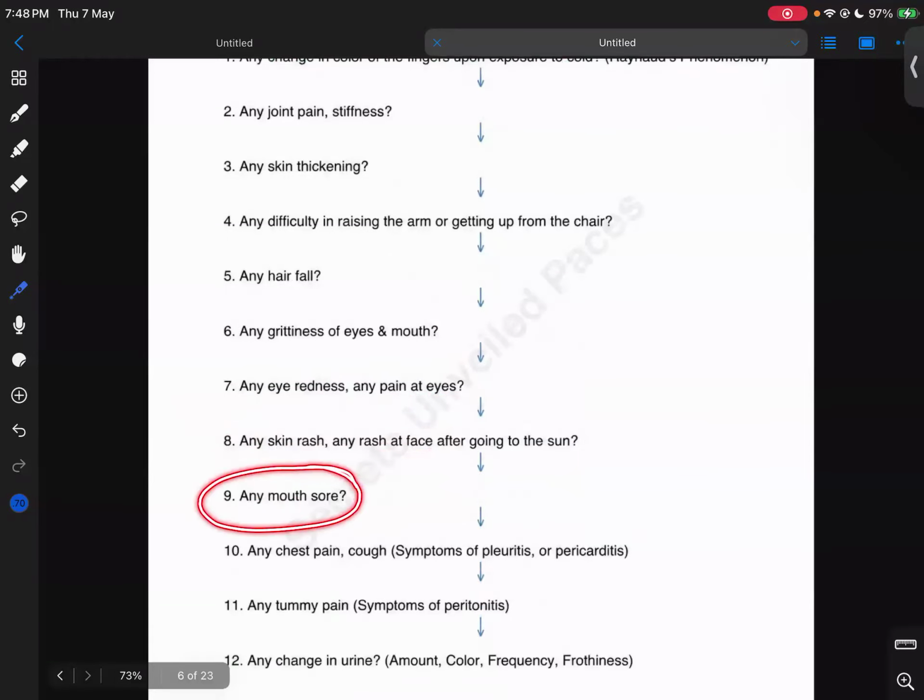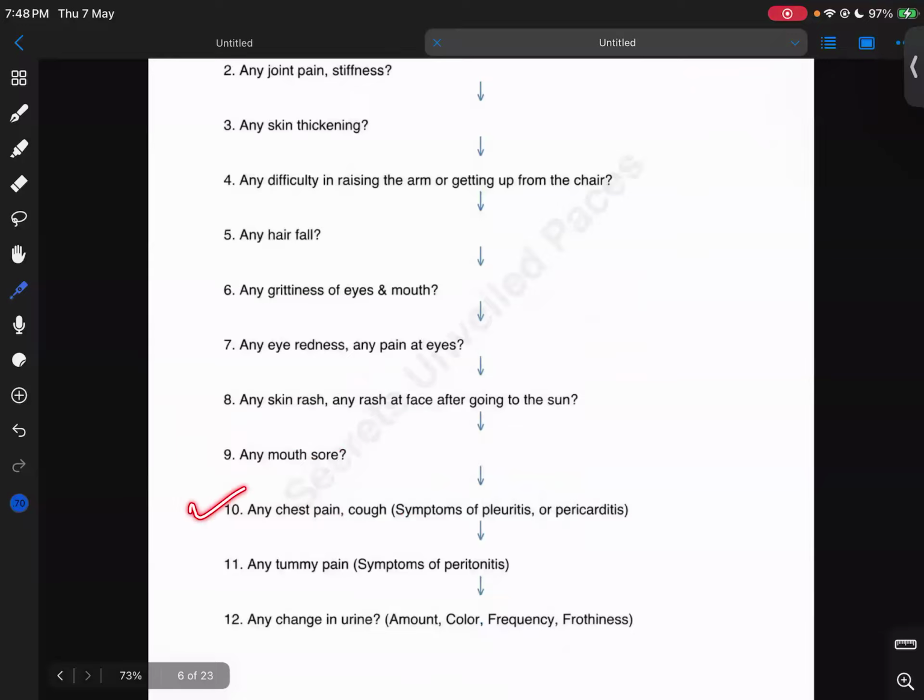Any mouth sore. This is also a question for SLE, because in SLE, soreness is found in the hard palate. Then any chest pain and cough. Chest pain for any symptom of pleuritis, also for pulmonary embolism. Because in SLE, serositis can happen, affecting the pleura and also the peritoneum. So that is why any chest pain and any tummy pain. And if it affects the lungs, like in case of rheumatoid arthritis, the patient will have dry cough.